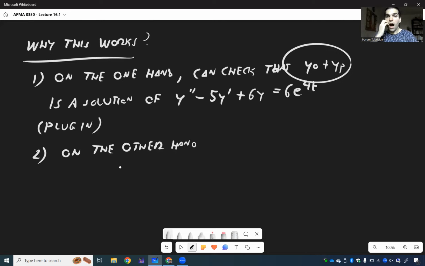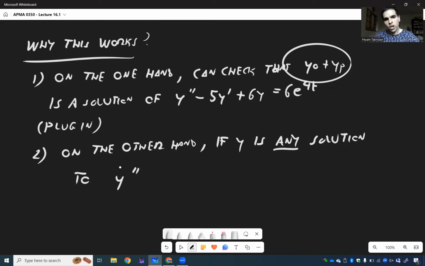On the other hand, now suppose y is any solution to our differential equation, to y double prime minus 5y prime plus 6y equals 6e to the 4t.